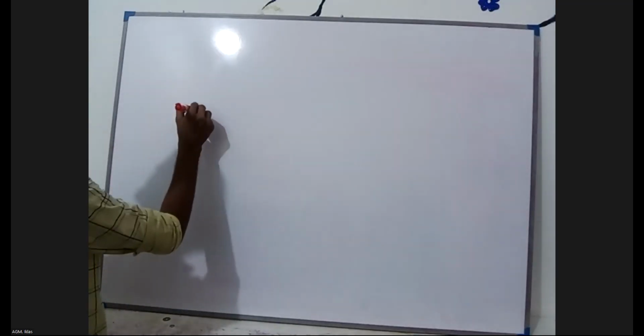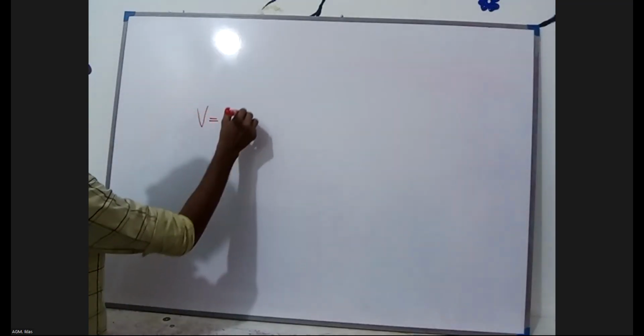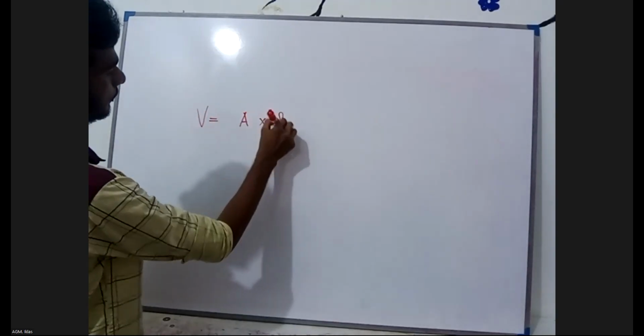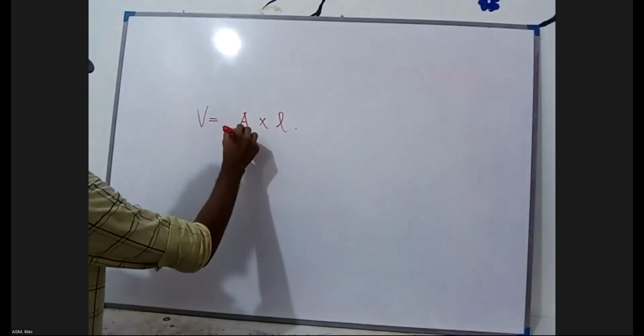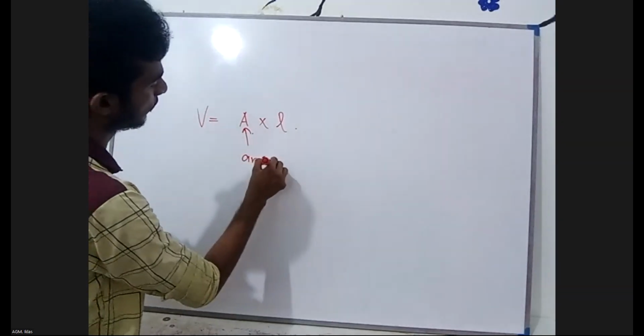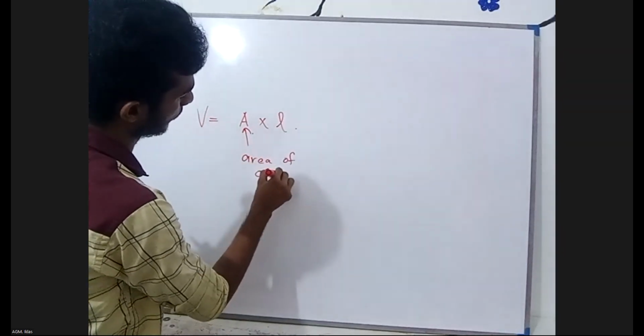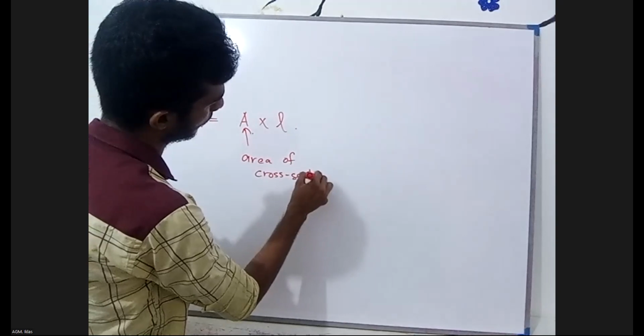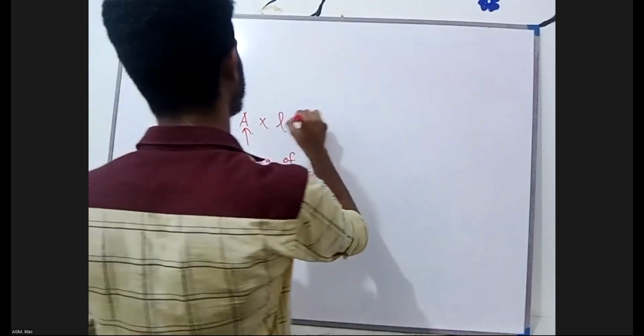The typical equation that we are going to use here is V is equal to A into L. A is the area of cross section, and L is equal to length.